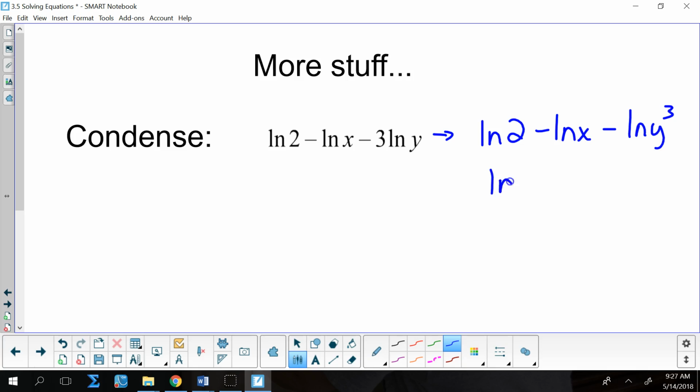So this would become the natural log of 2 divided by x, minus the natural log of y cubed. I took the first two and condensed them down. Because it's subtraction, it becomes division. Then I take the next two: the natural log of 2 divided by x, then that has to be divided by y cubed.